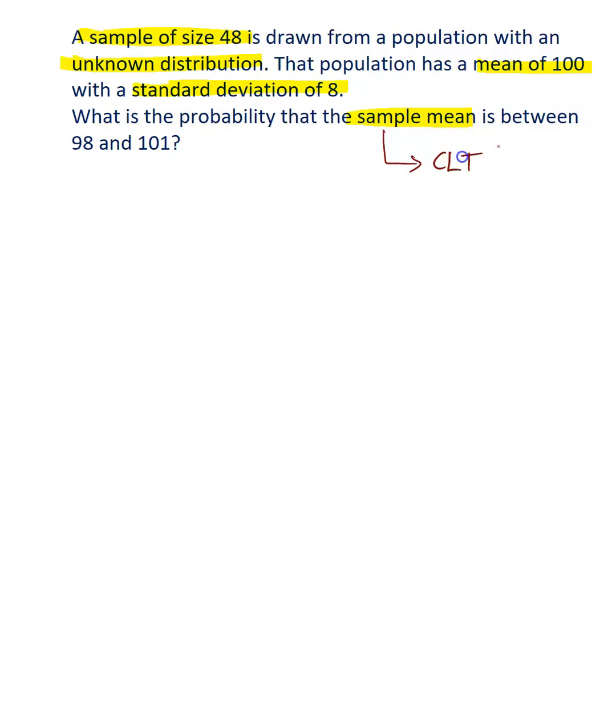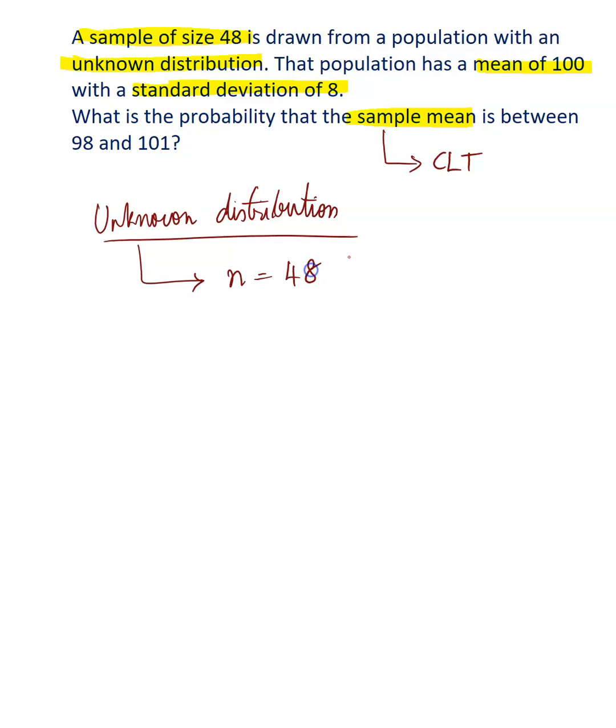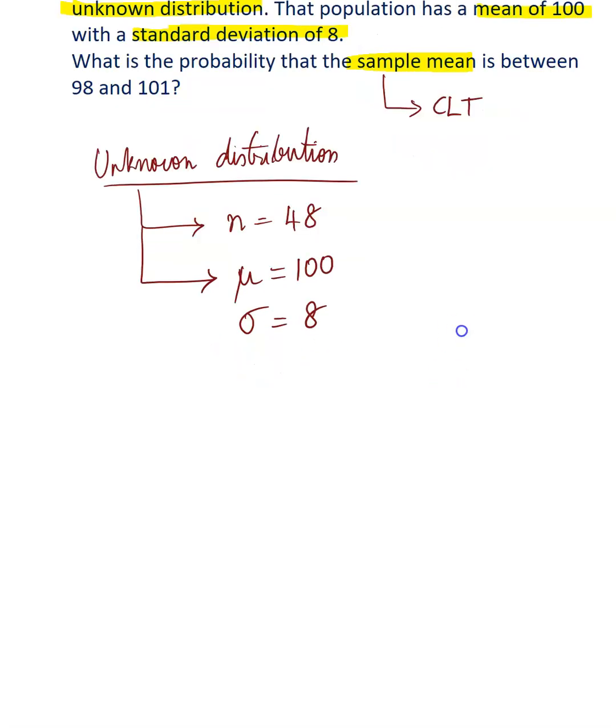That triggers CLT. So unknown distribution. N is 48, which is good. Mu is 100. And standard deviation is 8.